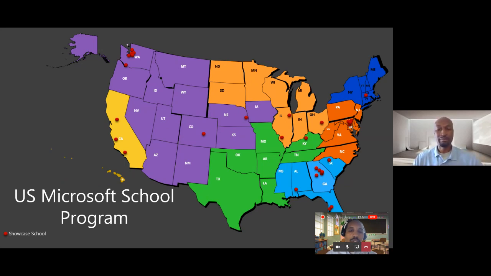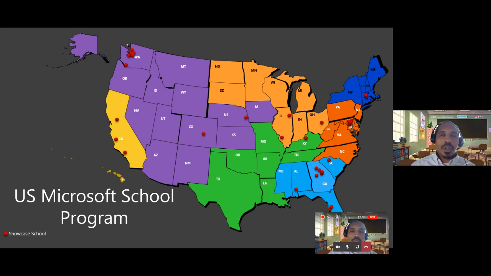So as a part of our journey with the Showcase schools, we really wanted to take a hands-on approach to this work. And naturally, our mentality was, if we're going to do this, we're going to go all out. So we applied to be a Showcase school. And that's kind of step 2. After you become a Microsoft school, you can apply to become a Showcase school.